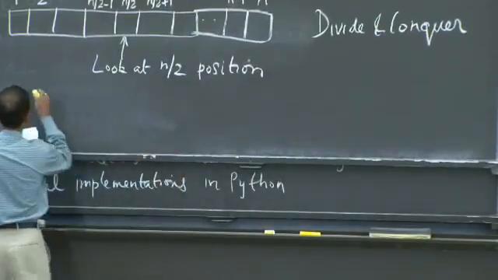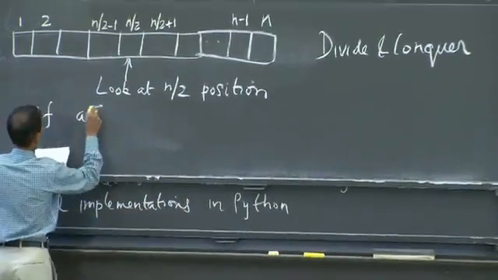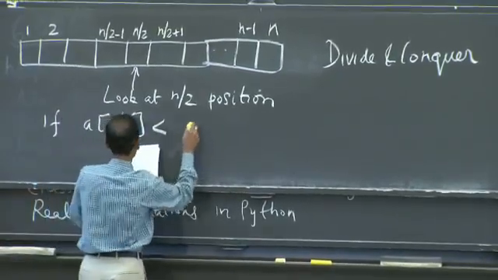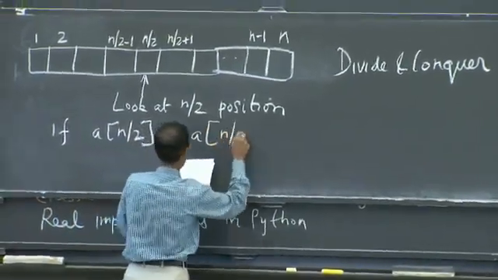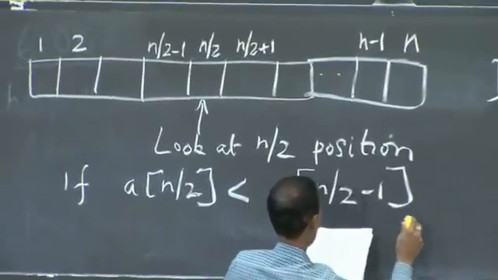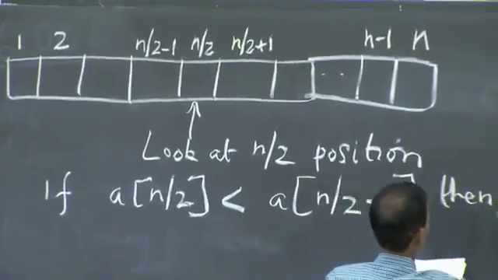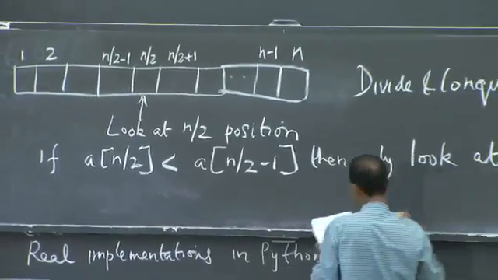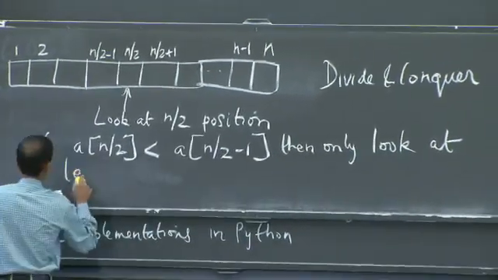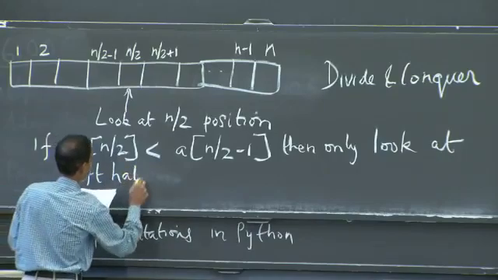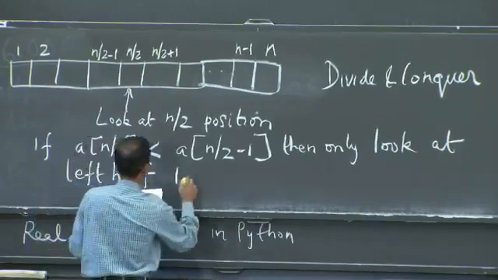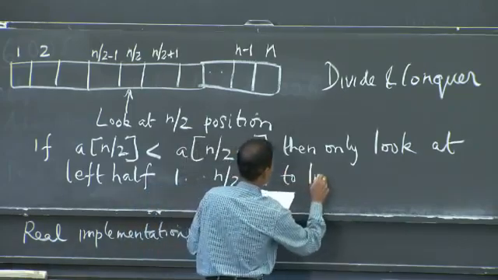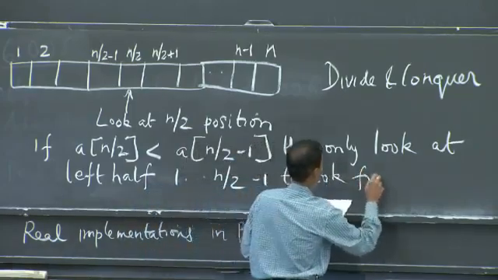So if a n over 2 is less than a n over 2 minus 1, then only look at the left half, 1 through n over 2 minus 1, to look for a peak.